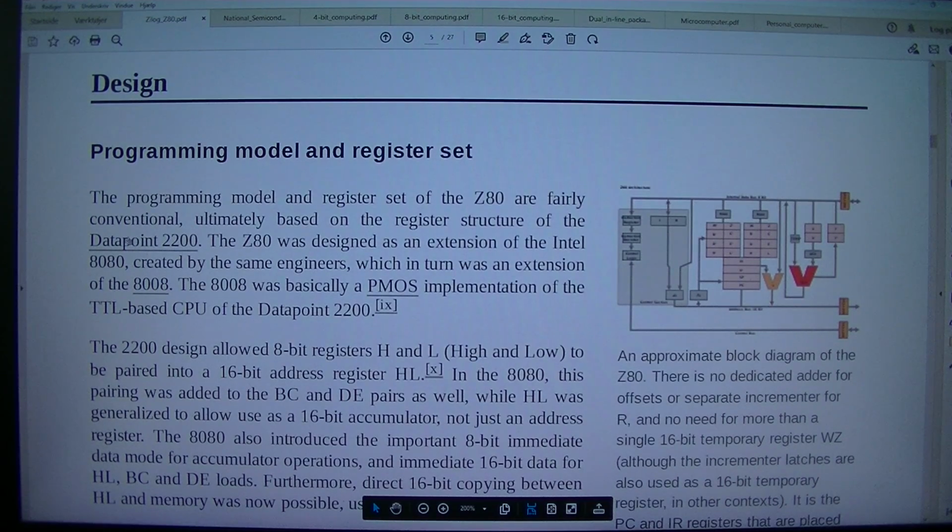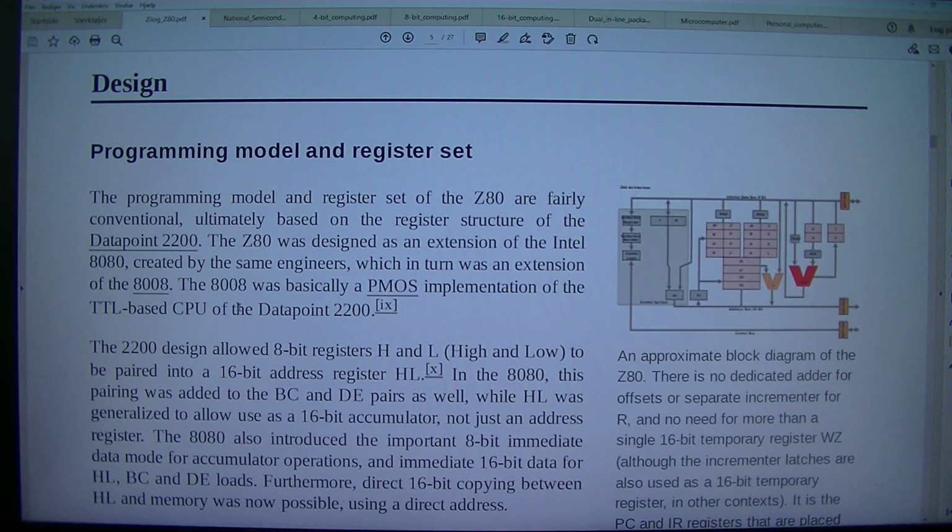The programming model and register set of the Z80 are fairly conventional, ultimately based on the register structure of the Datapoint 2200. The Z80 was designed as an extension of the Intel 8080, created by the same engineers, which in turn was an extension of the 8008.